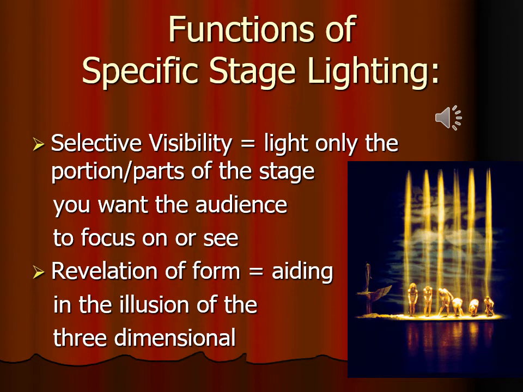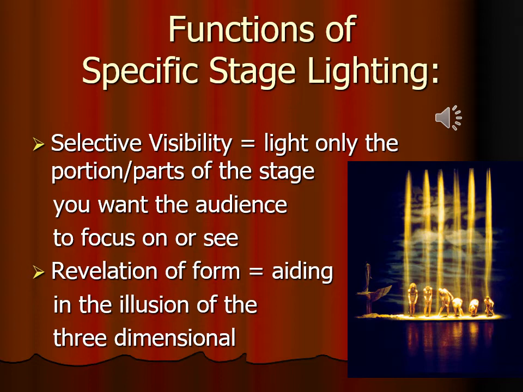If you only light what you want your audience to see, that means you can have stuff on stage that's in the dark, and yet the audience knows that's still a part of the play. It's not part of the action at that time. So it aids in audience focus. It also allows that scenic designer then to create a set that does have multiple locations on stage at one time.